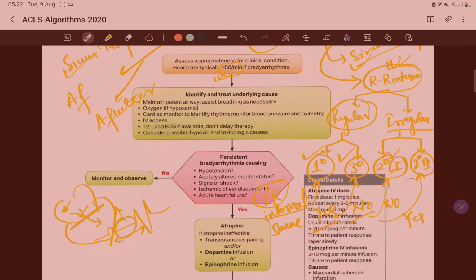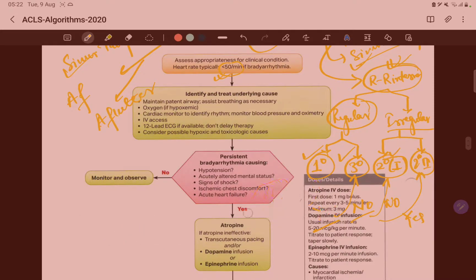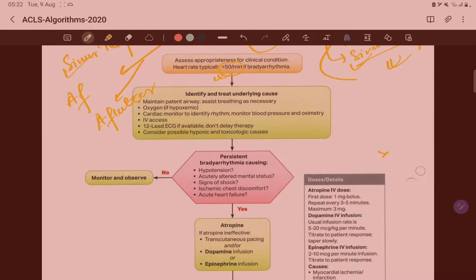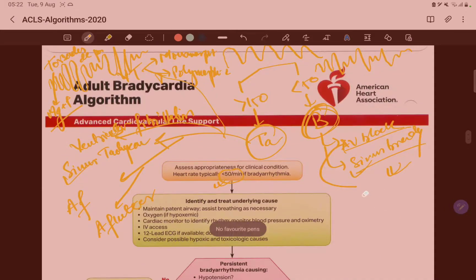If it is increased, it shows a block. So I have shown you the types of block and how to identify them, which is very important.